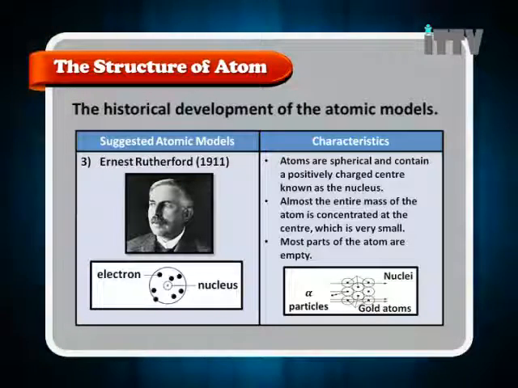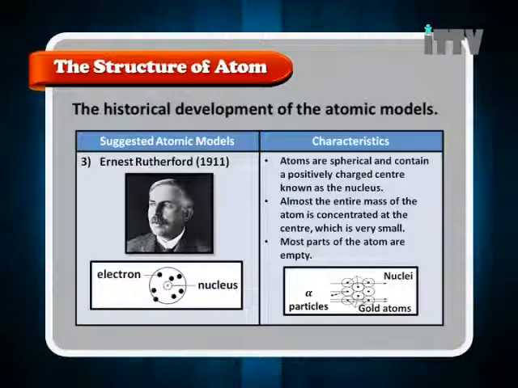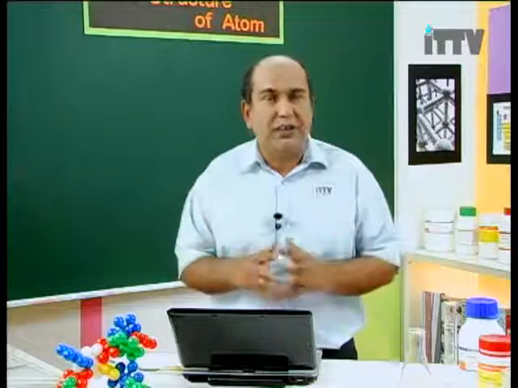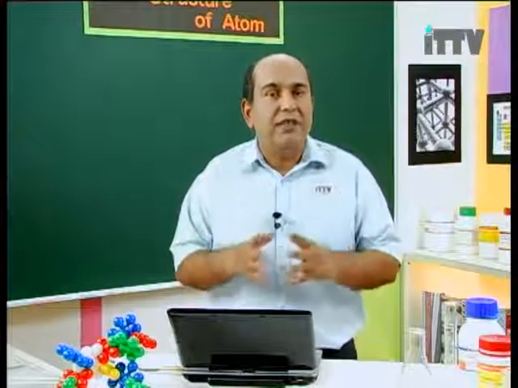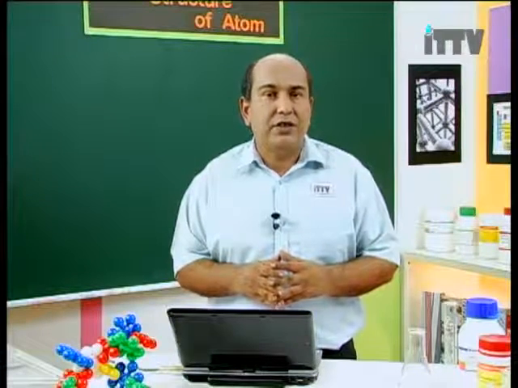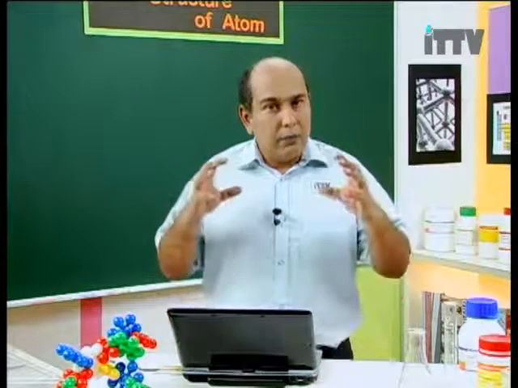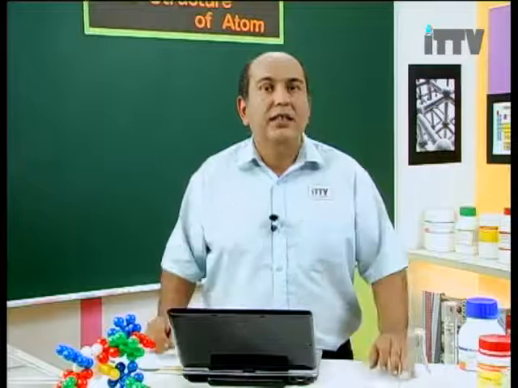Most parts of the atom are empty. So we move on now, and Ernest Rutherford, who followed Thomson, has given us the positively charged nucleus. So we have a spherical shape, we have negatively charged electrons, and now a positively charged, tiny, very full of mass nucleus.